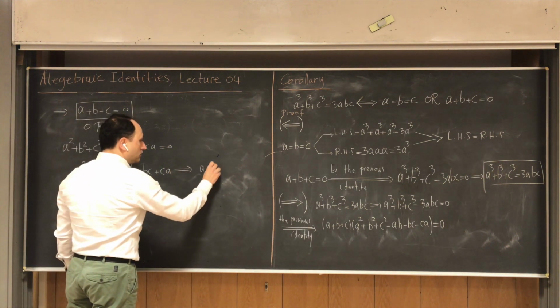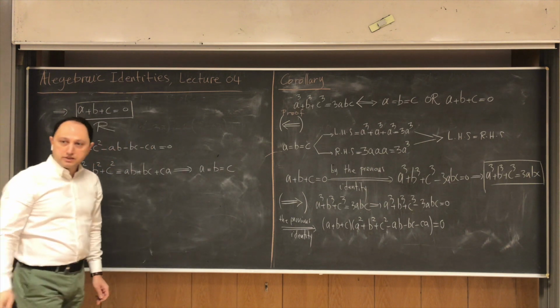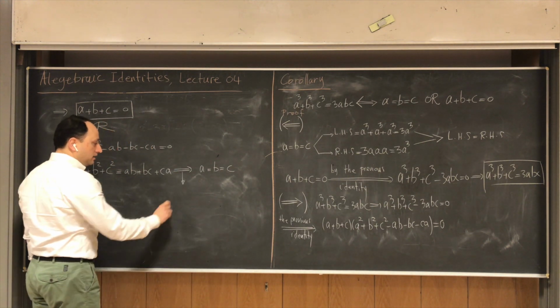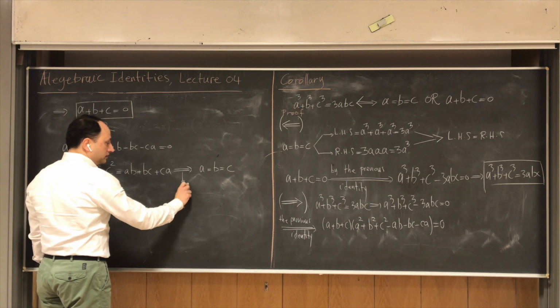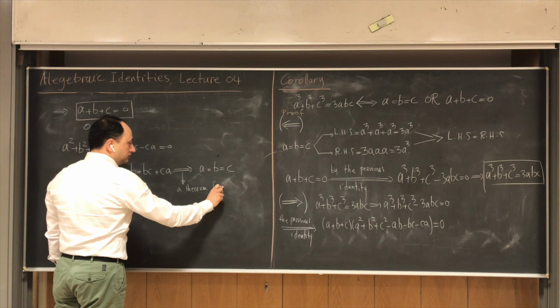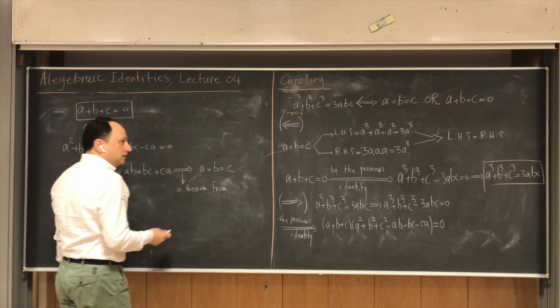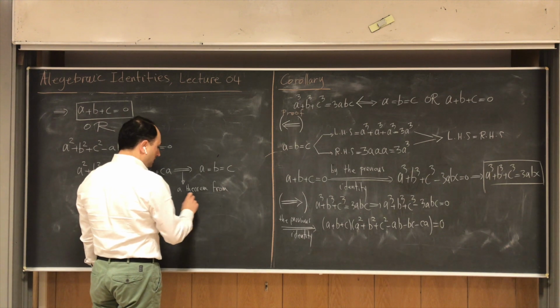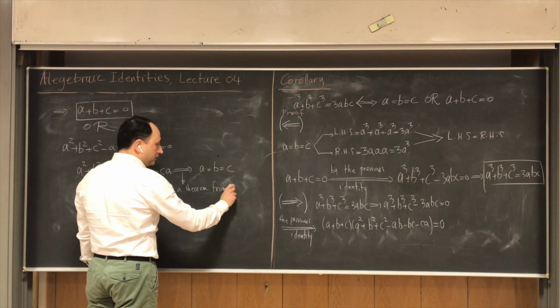You can conclude that all of them have to be equal, the same, okay? So a theorem from a previous lecture. I think that was the previous lecture. I don't remember. A theorem from a previous lecture.